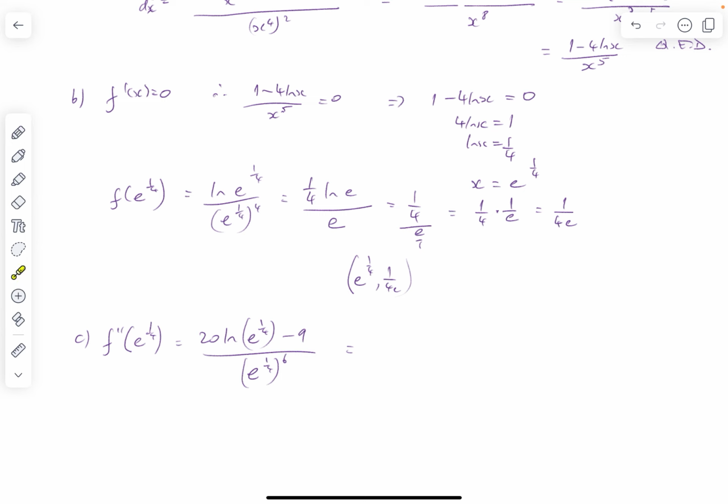Well, we can do the same thing again, take the quarter out of the front. So 20 times a quarter is 5 log e subtract 9 over e to the 6 over 4, which gives us, log e is 1, so that's 5 subtract 9 over e to the 3 over 2, which equals negative 4 over e to the 3 over 2, which is less than 0, therefore maximum at P.